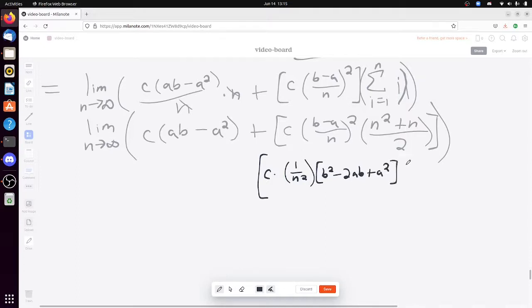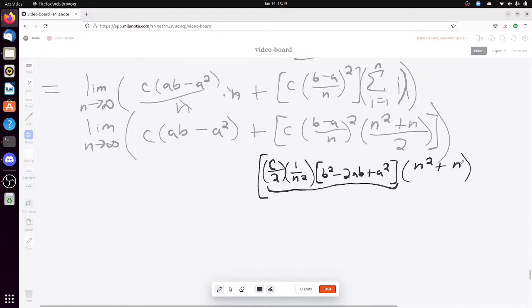And then that's all going to be times n squared plus n. And instead of dividing it by 2 there, I'm going to pull the 2 out up in front here. Hopefully you understand that. So I just pulled this half out in front. Or I'm sorry, I must have made a mistake there. That's supposed to be c divided by 2. Okay, so that's a complicated expression. You can look at this whole thing as sort of a constant and distribute it into this.